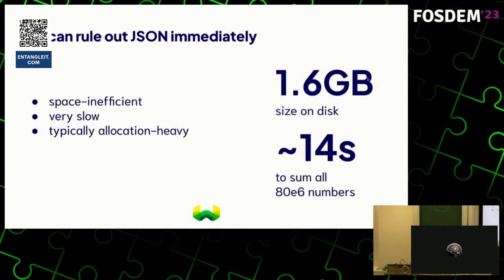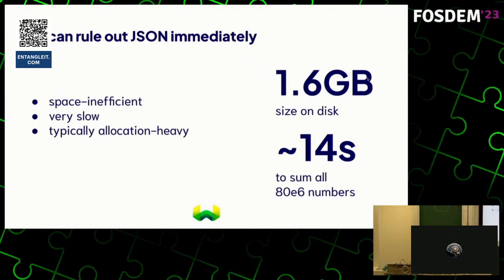JSON is basically just here for completeness' sake. We can rule it out immediately. When you're building a database, you're probably not using JSON to store stuff on disk, unless it's a JSON database. Why? Because it's space inefficient. If you want to represent those numbers on disk, JSON basically uses strings for it, and then you have all these control characters: your curly braces and your quotes and your colons and everything. That takes up space.